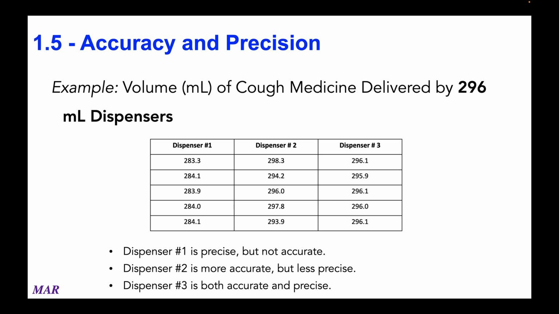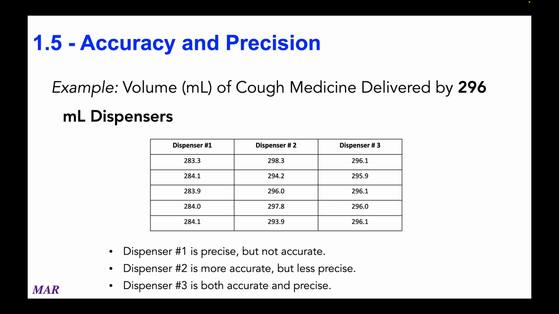The values were kind of far off. Now, the third person, dispenser number 3, all of their values were very close to 296, all right? 296.1, 296.0, et cetera. So those were both accurate and precise. They were all what they should be, about 296, and the values were all very close to each other, so they had high precision.